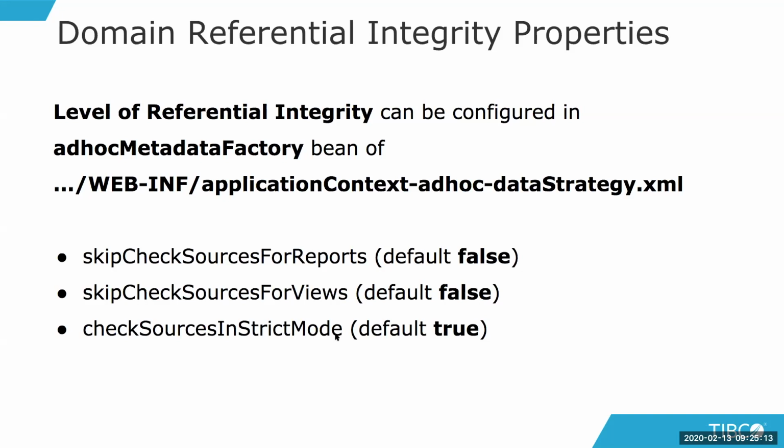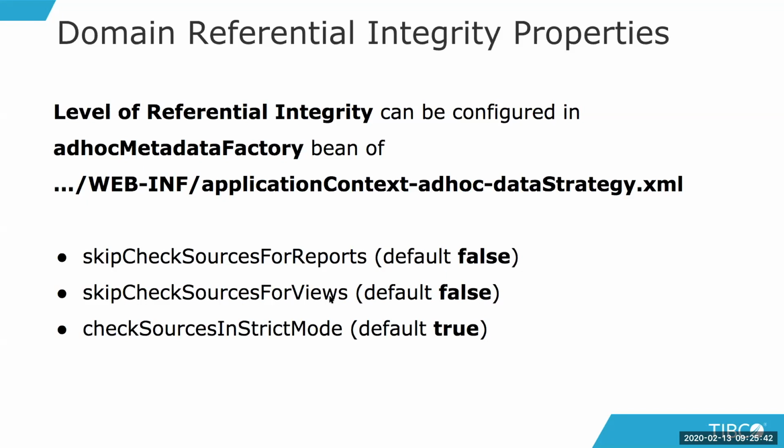So if a customer wants to activate this more relaxed check, they can set this to false in order to avoid imposing the specific check for integrity, or keep this true, but disable it for specific objects like reports or views.